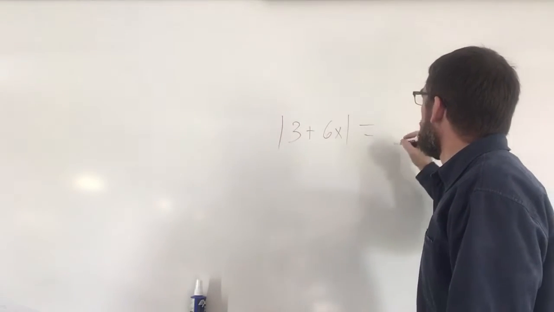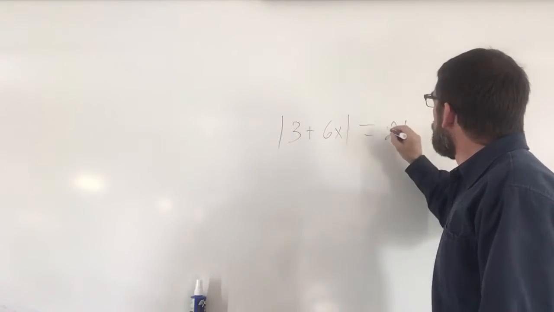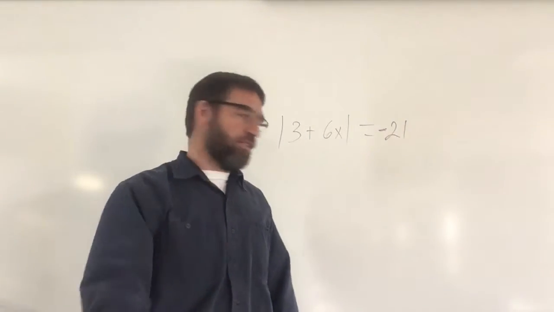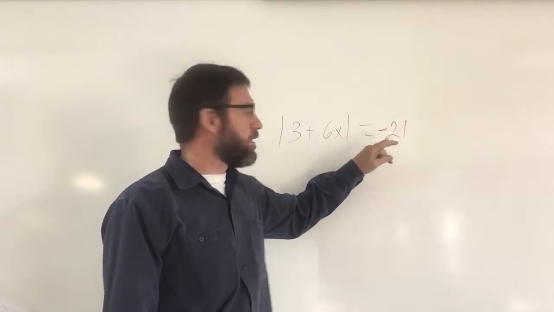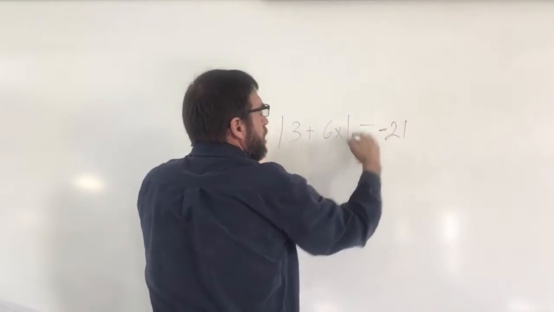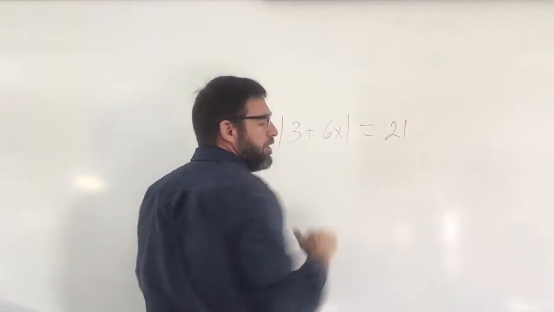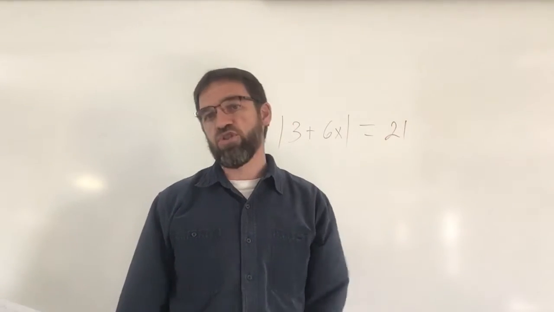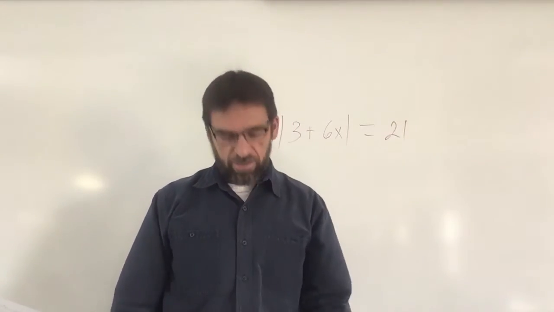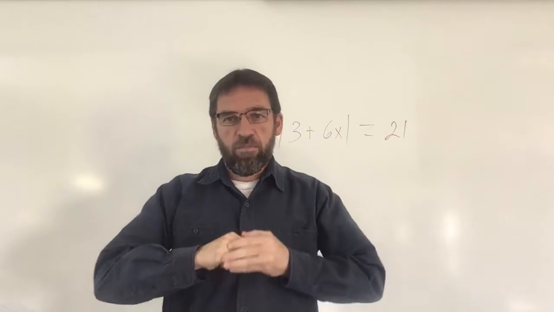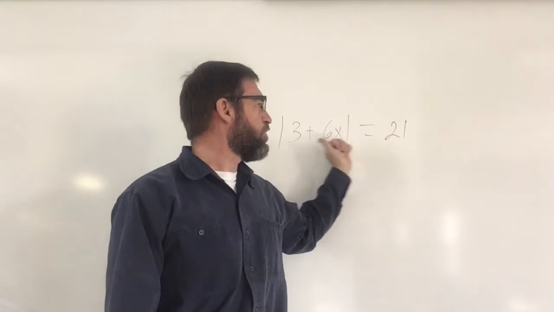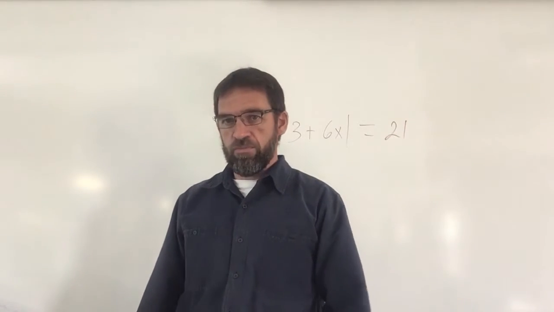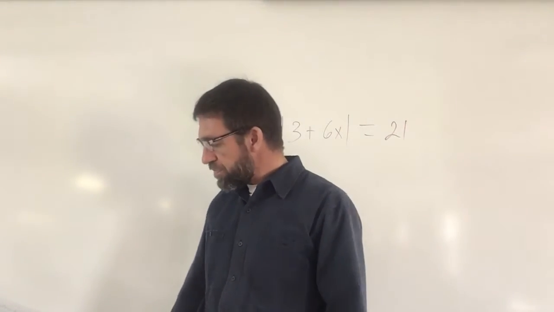Okay, so we're going to say it equals 21. You cannot have negative 21. That answer has no solution with negative 21. If you have an absolute value here, this answer must be positive, or else there's no solution. You have some problems like that today in your lesson. So when you come up to them and they have absolute value here and they equal a negative number, just write no solution. No solution.